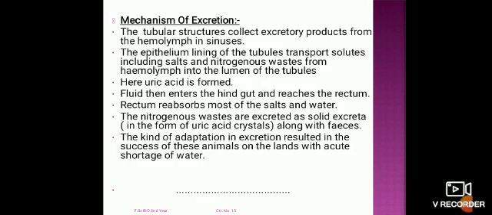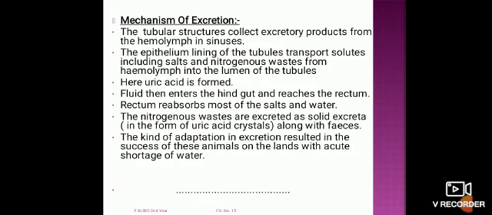The rectum reabsorbs most of the salt and water back to the body, and the nitrogenous waste material, which is uric acid, is removed with a very small amount of water. Nitrogenous waste is excreted as solid excreta in the form of crystals of uric acid along with the waste material.